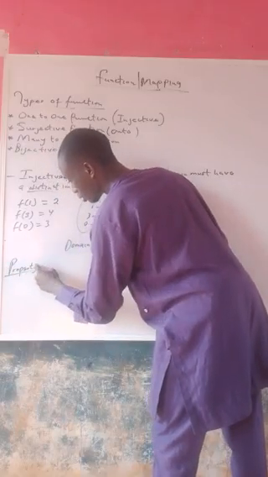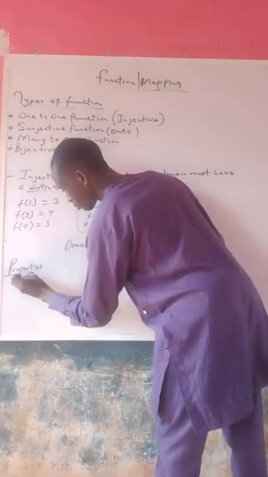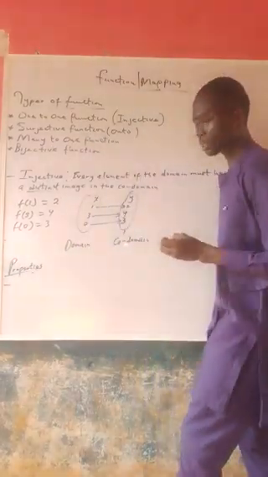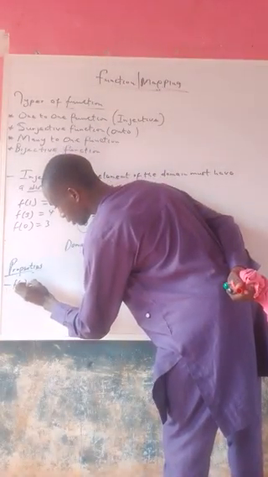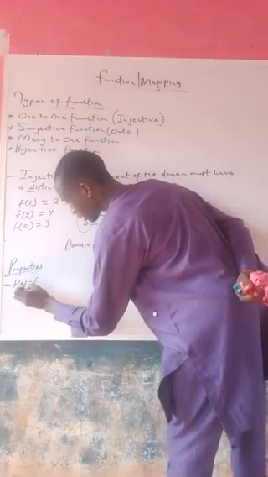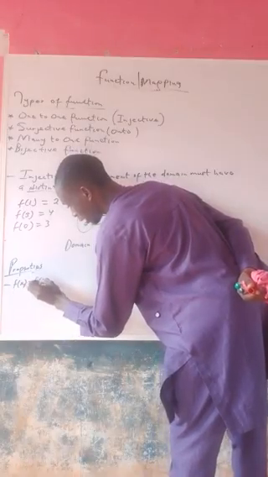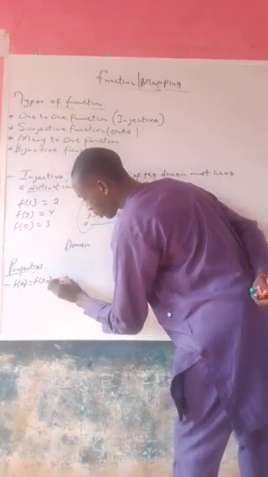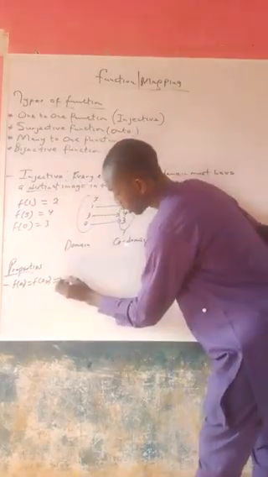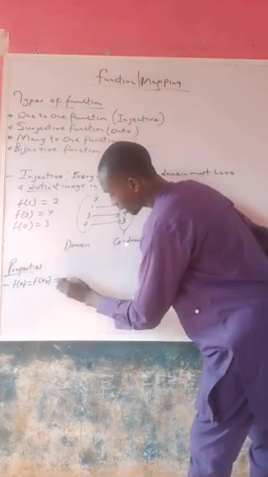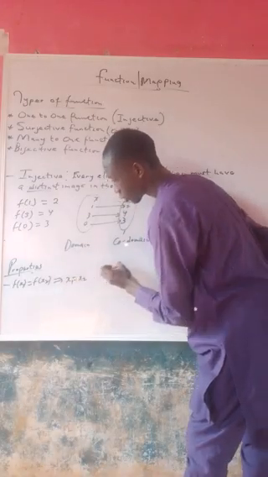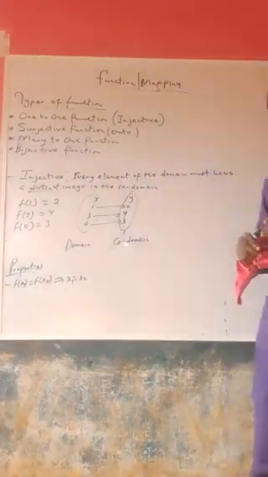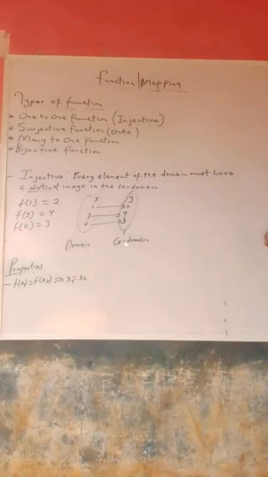Property now. The first property is that f of x1 equals f of x2 implies that x1 equals x2.